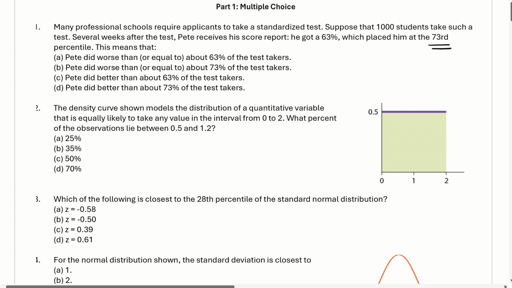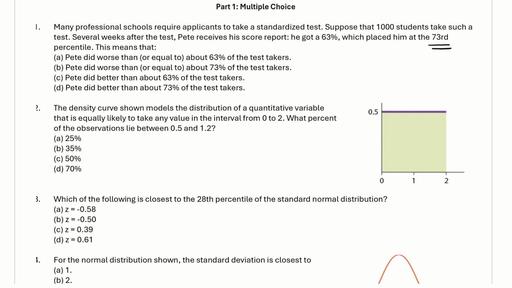73rd percentile means that 73% of people scored less than or equal to him. In other words, 73% of people did worse than him or equal to him as far as the score. Sorry, so Pete did better than 73% of them, or 73% of them did less than or equal to him.